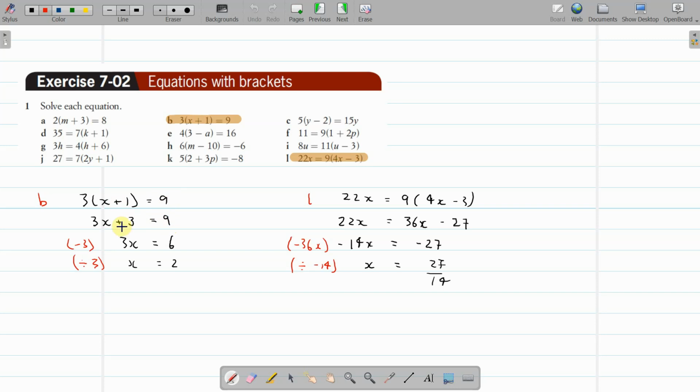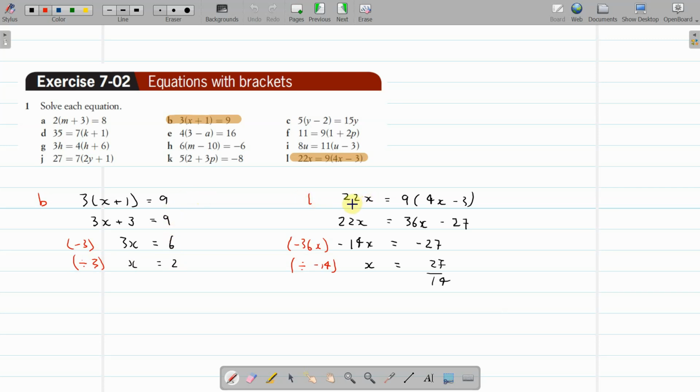And then tidy it up. So we're going to get rid of the plus 3 by minus 3. When we do that, we're just left with 3x here, and 9 minus 3 is 6. And then get rid of this 3x by dividing by 3, leaves us with just x. 3x divided by 3 is x. 6 divided by 3 is 2.